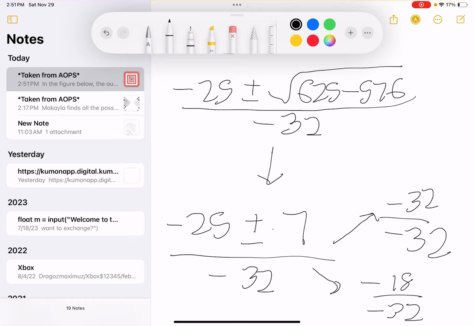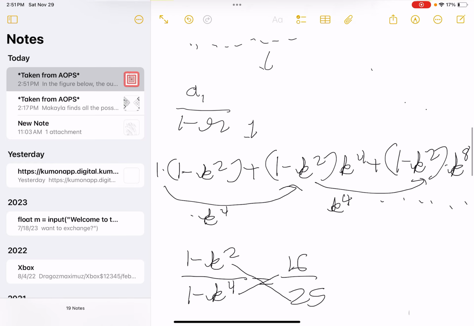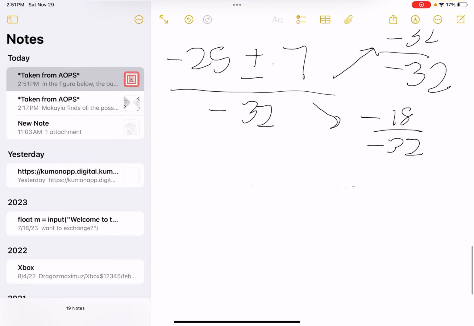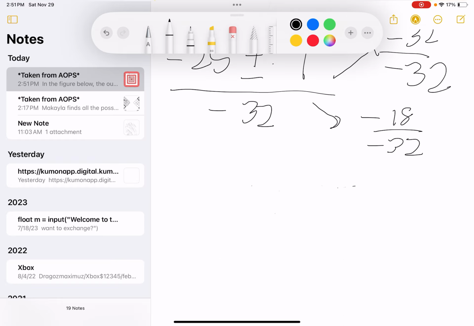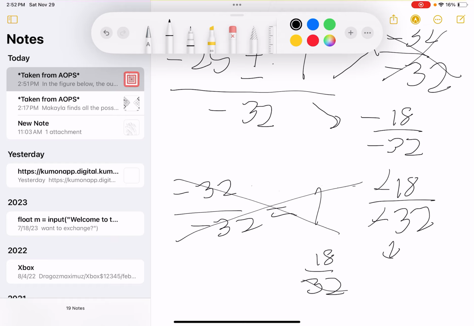Now, if we simplify this, you can't be stuck with two answers, because if you go up here, it explicitly says that k has to be less than 1, and negative 32 over negative 32 simplifies to 1. So this is not a choice, it's an extraneous solution. So now only one other case is negative 18 over negative 32. Cross out the negative signs, it evaluates to 18 over 32. You divide by 2 on both sides, and you get 9 over 16.